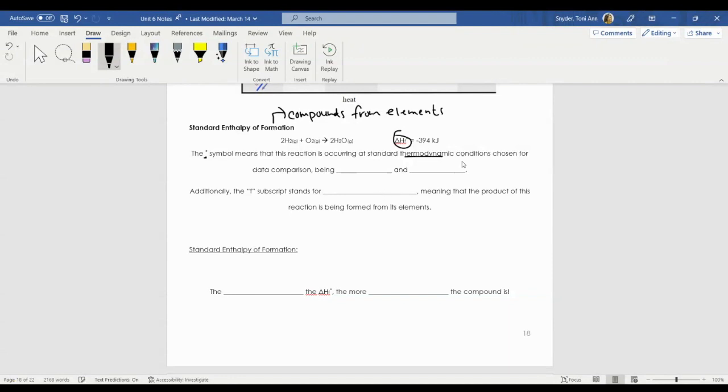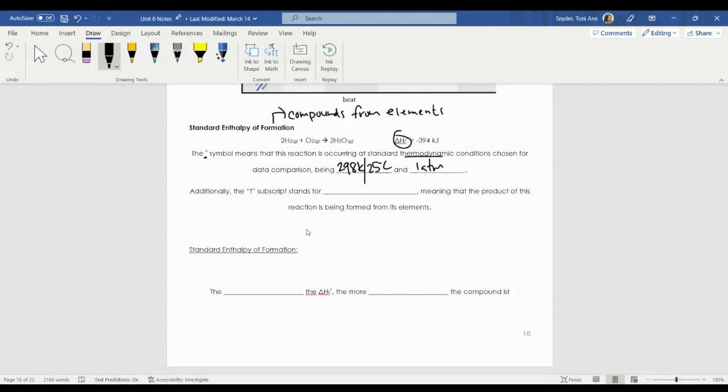The standard thermodynamic conditions are 298 Kelvin, which we know is 25 degrees Celsius, and 1 atmosphere. So not quite STP. If you think back to gas laws, STP is 1 atmosphere, so the pressure is the same, but the temperature is a little different. Standard temperature for gases is 0 degrees Celsius or 273 Kelvin. For more thermodynamic applications, we use 25 degrees Celsius.